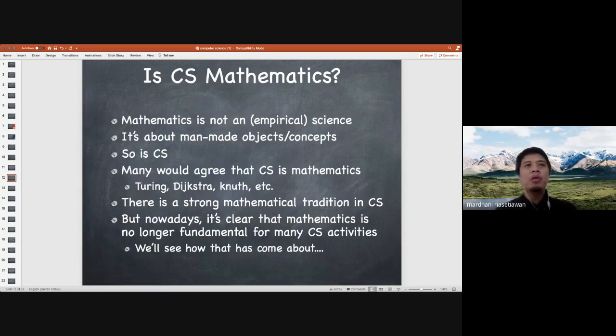So there is a strong mathematical tradition in computer science. We cannot disagree with it, and I very much agree with this, because a lot of mathematical concepts we try to implement in computer science. But nowadays it's clear that mathematics is no longer fundamental for many computer science activities, because now we think about more than just mathematics.